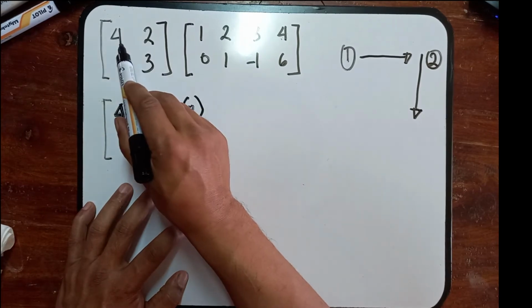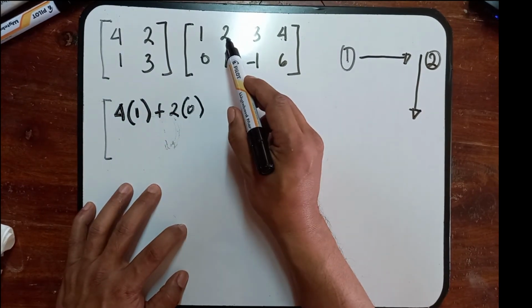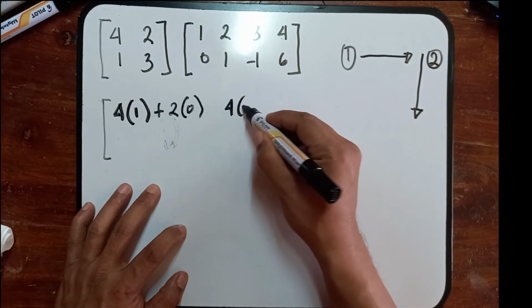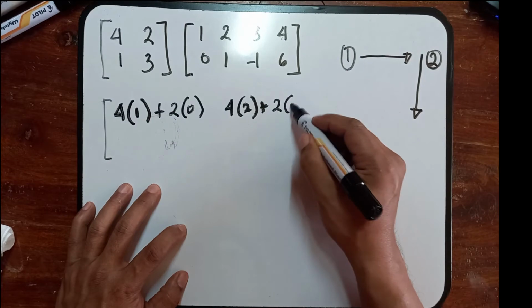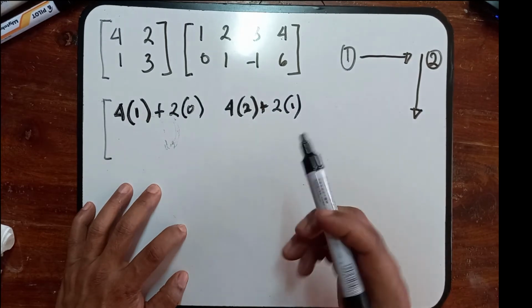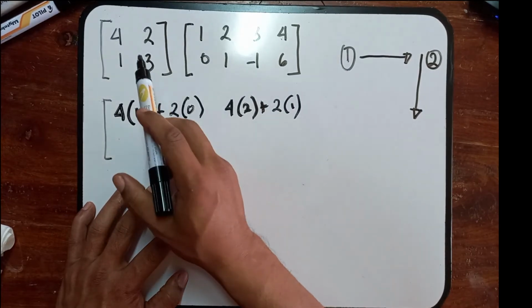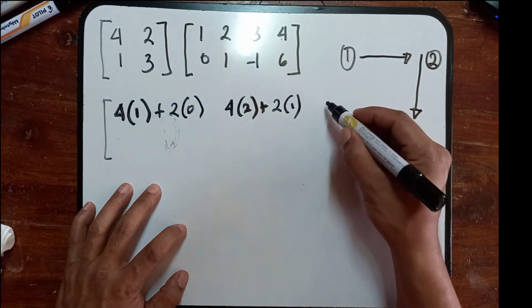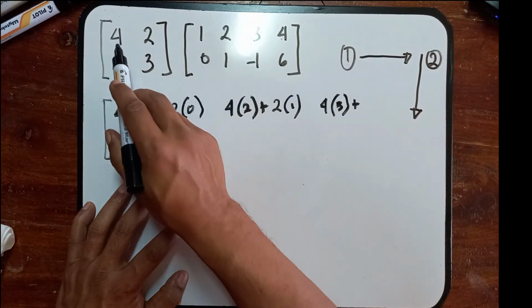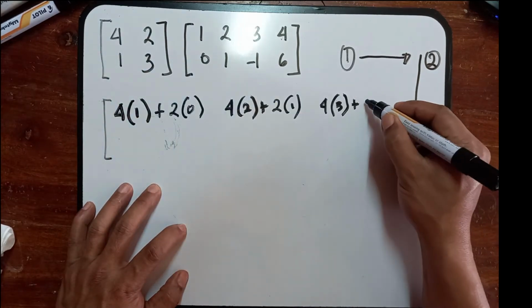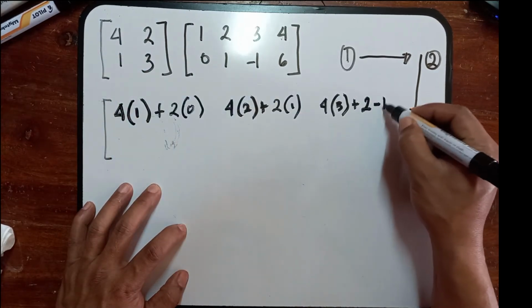Let's continue: 4 times 2 plus 2 times 1. Let's continue: 4 times 3 plus 2 times negative 1.